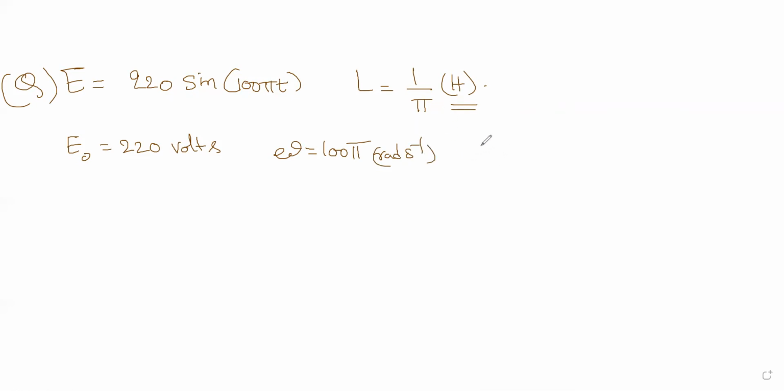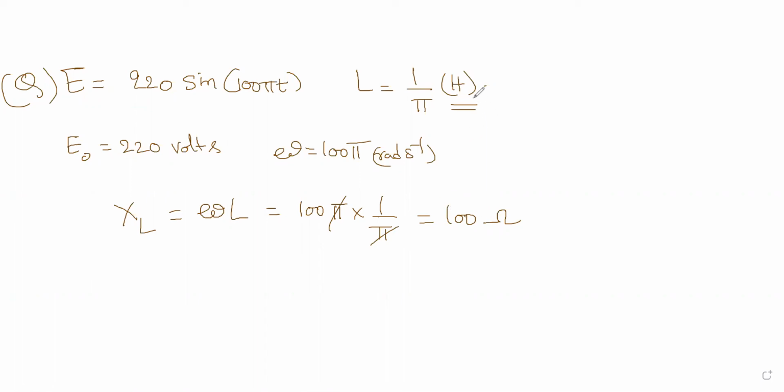L is 1 by pi Henry. And inductive reactance is what they ask. XL is equal to omega times L. So omega is 100 pi times L, and L is 1 by pi. It will be 100 ohms. So this is how one can calculate; what you get is 100 ohms.